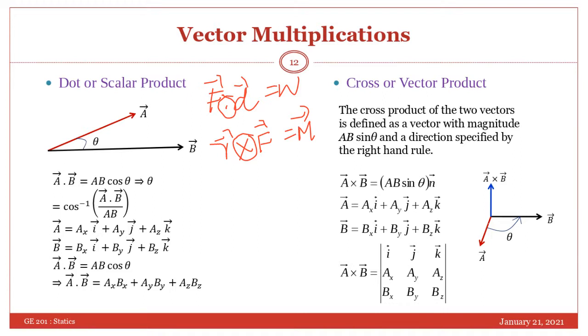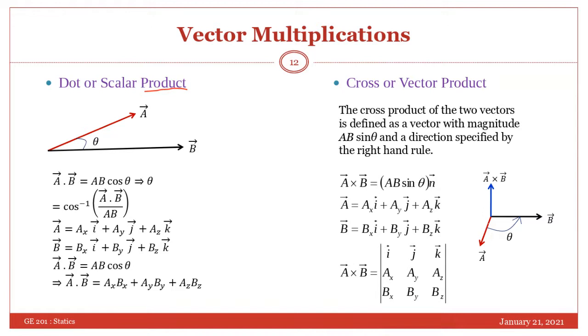When you have only scalar multiplication, you will get magnitude without any direction. So first let us start with dot multiplication or scalar multiplication. Another word for multiplication is product, so we can also call it the dot or scalar product.